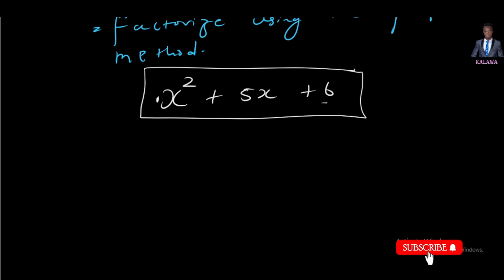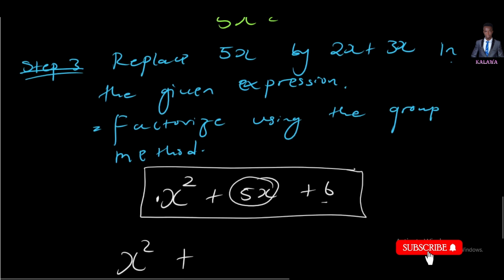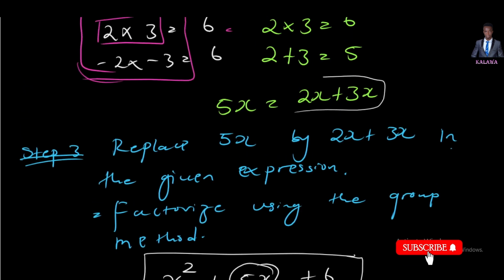We have done that, and from this same constant we find the factors, which is 6, and from those factors we find 2 numbers that when we add can give us positive 5, which we have also done. So once we have dealt with this 5x, we are going to replace it with the numbers we arrived at from the factors of 6, because when we add those numbers, they give us 5x again. So the replacement is now x squared plus, remember, this is what we arrive at, 2x plus 3x.